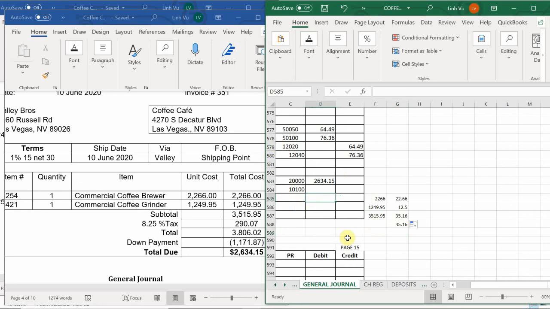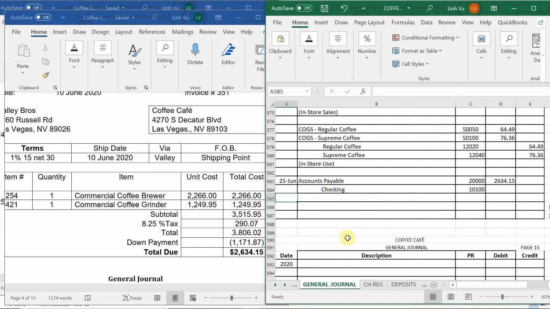Now, which account am I going to be taking the discount out from? The coffee brewer and coffee grinder. Yes, you're going to take it directly out from the asset, because we didn't pay the full $22.66.